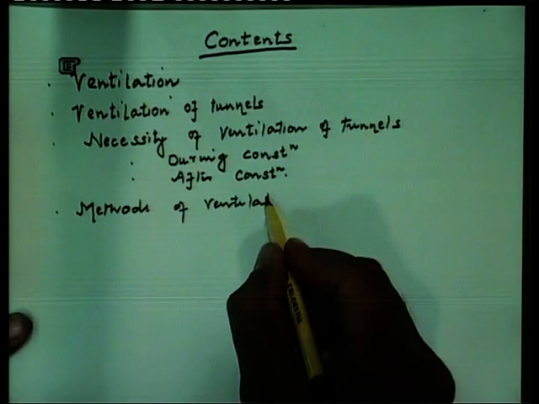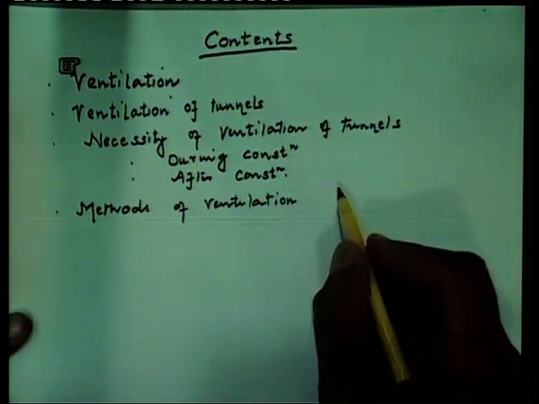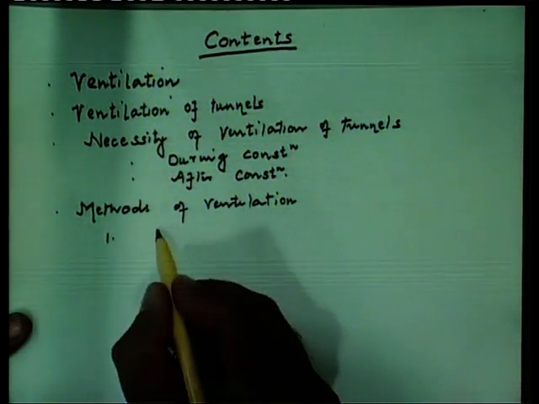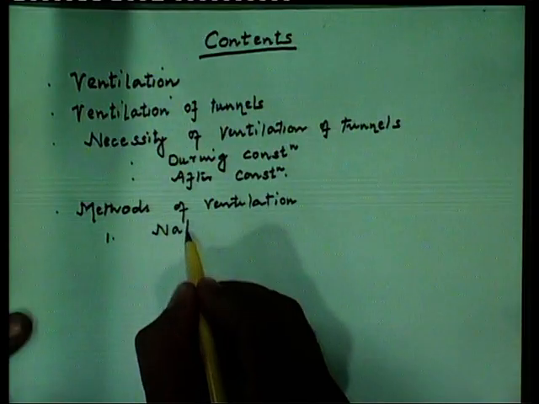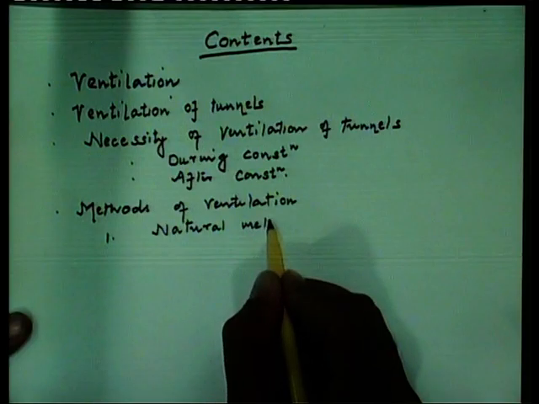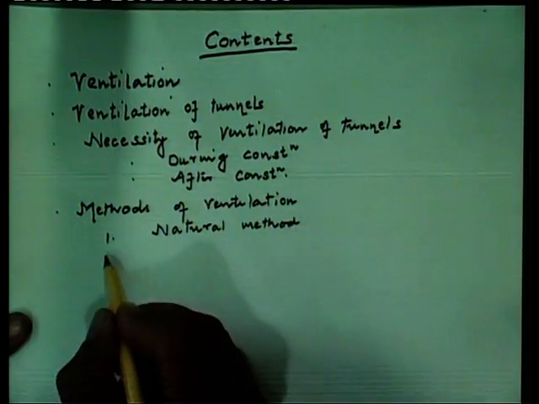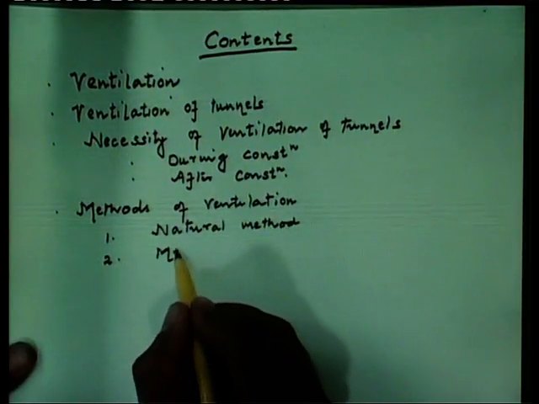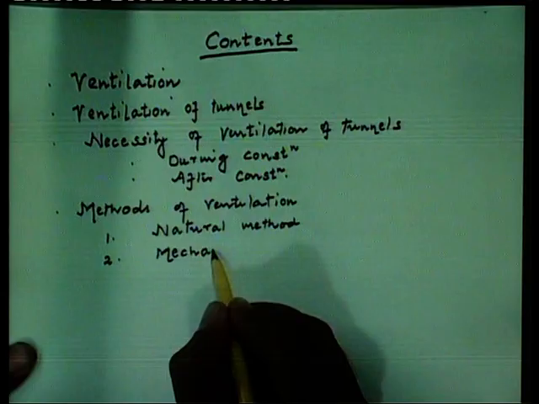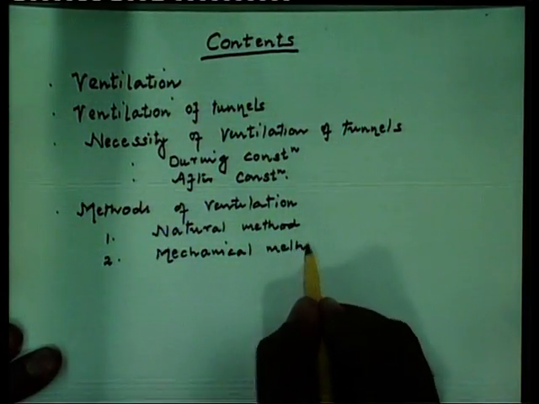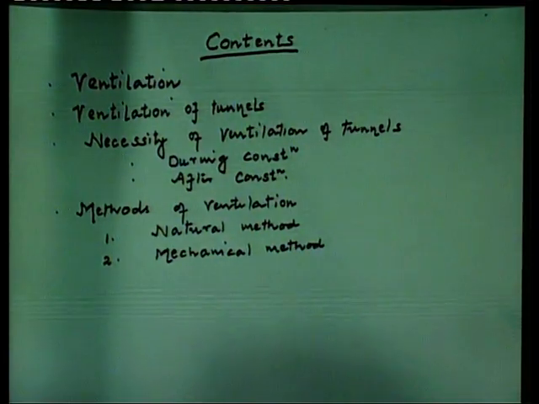In the methods, we have basically two different types. The first one is the natural method. You will see this method in detail: what is the natural method of ventilation in tunnels? And secondly, the mechanical method or the artificial method of ventilation in tunnels.